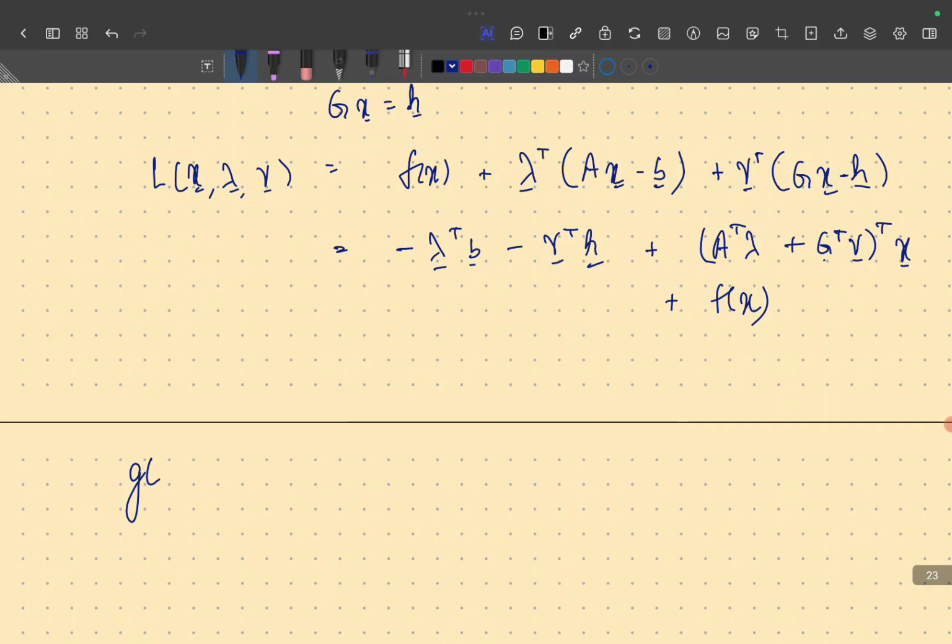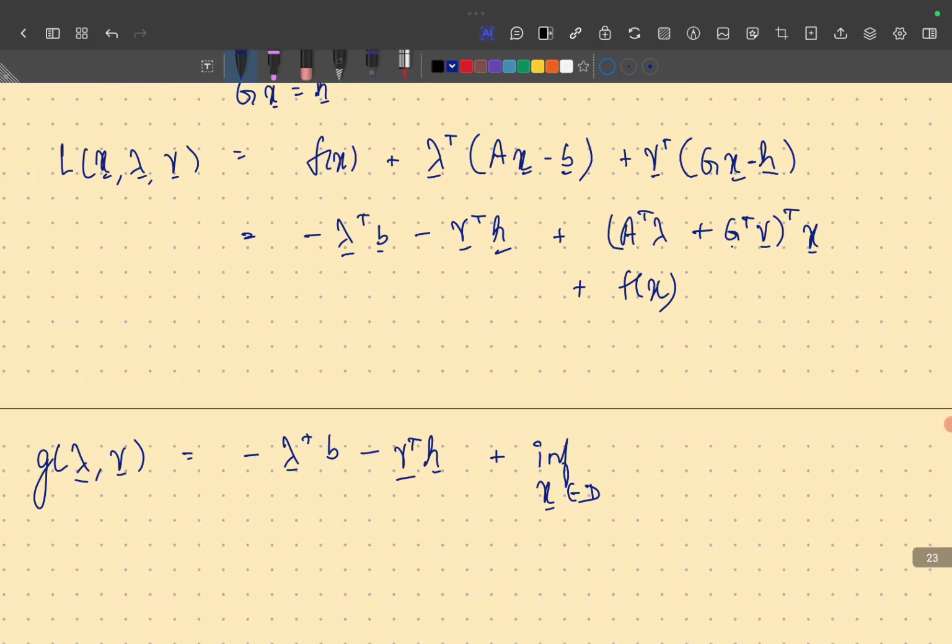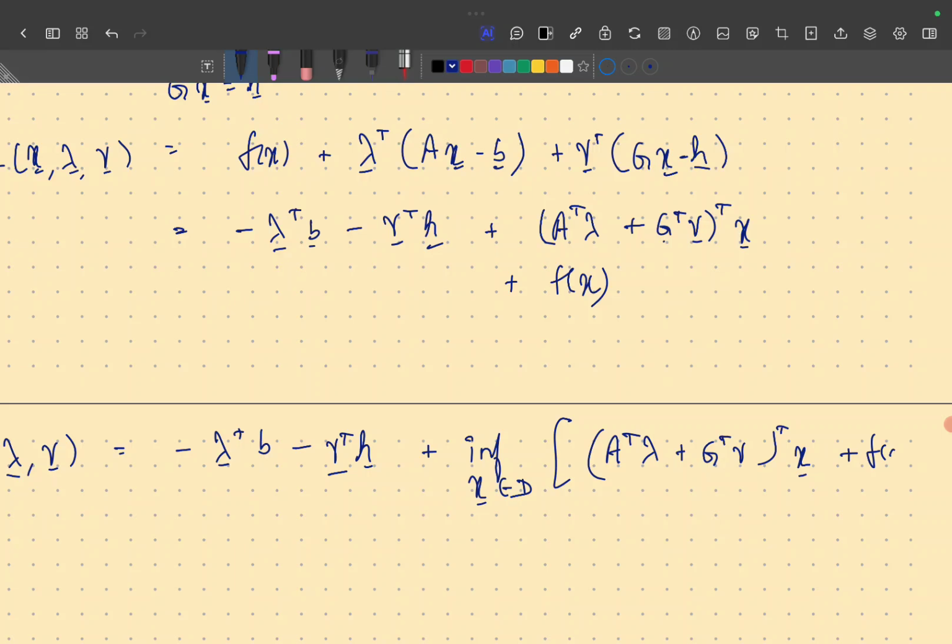So g, the Lagrange dual at lambda comma nu, is equal to, well, the first two terms don't depend on x at all, so you can just take them out: minus lambda transpose b minus nu transpose h, plus the infimum over all x in the domain of (A transpose lambda plus G transpose nu) transpose x plus f of x.